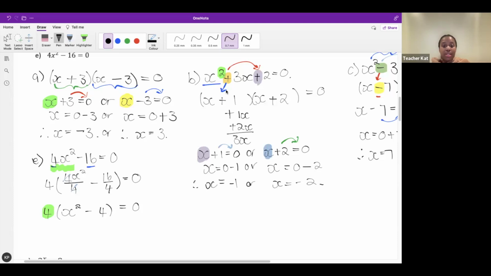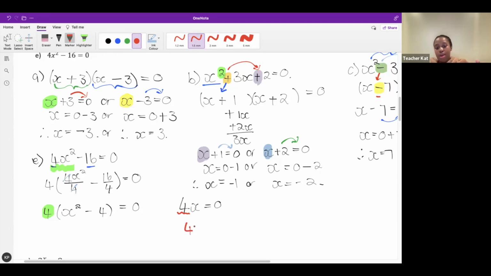Remember, I said we can treat this whole bracket like a variable. So if I had 4x is equal to 0, how are you going to get rid of the 4 in front of the x? No, be careful now.